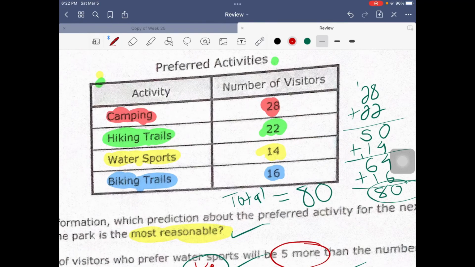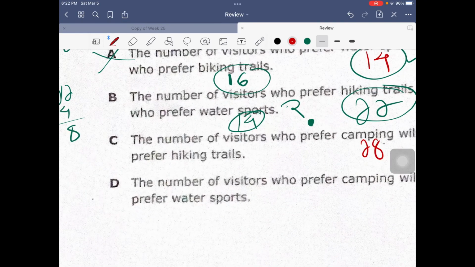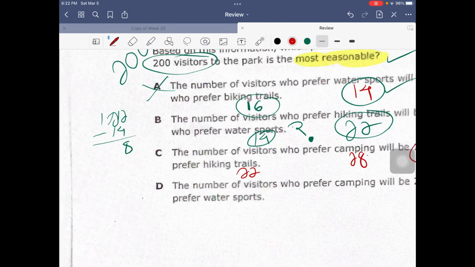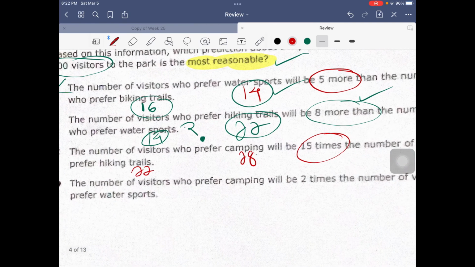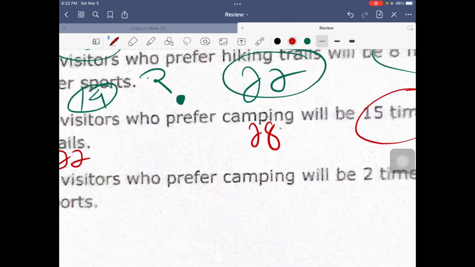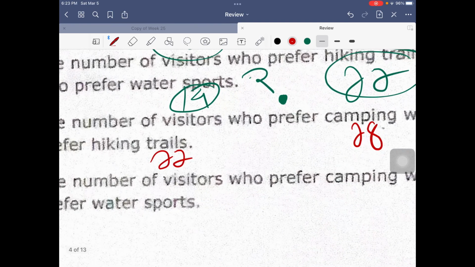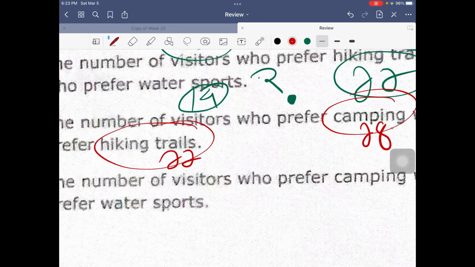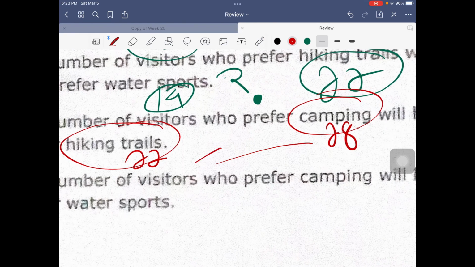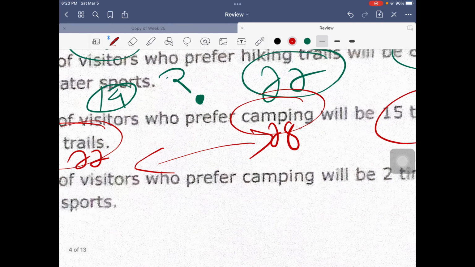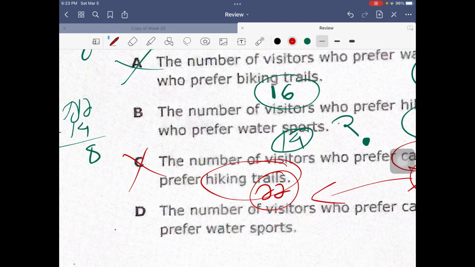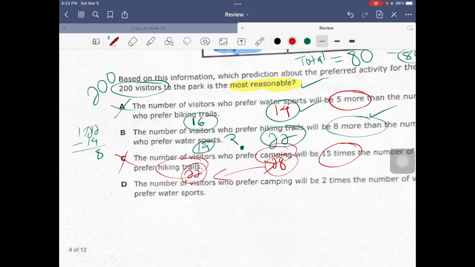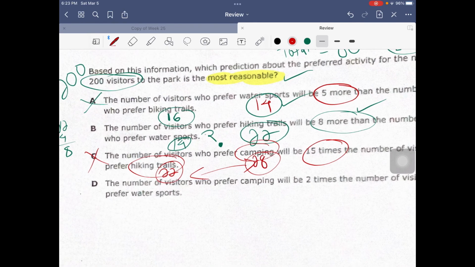How many hiking trails? 22. Okay. Do you think we're going to have 15 times the number that prefer camping to the number of hiking trails? I mean, there's a difference of 6 between these, but I want to say 15 times that. So, yeah, this is a little bit extreme. No.